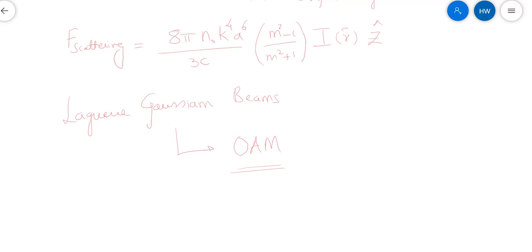One is that because the center of the beam is dark, one can actually trap absorbing particles. Because the intensity is very low already, you can trap the particles at this dark center, and thus play around with biological samples which might be weakly absorbing.